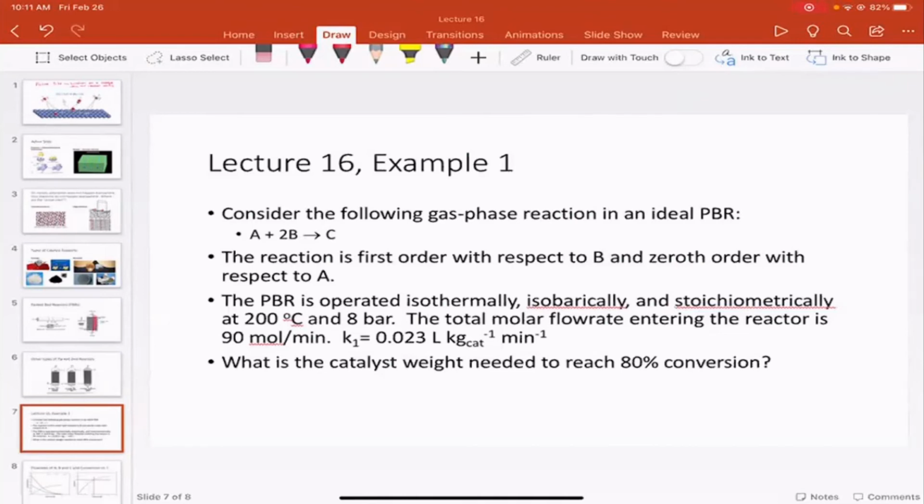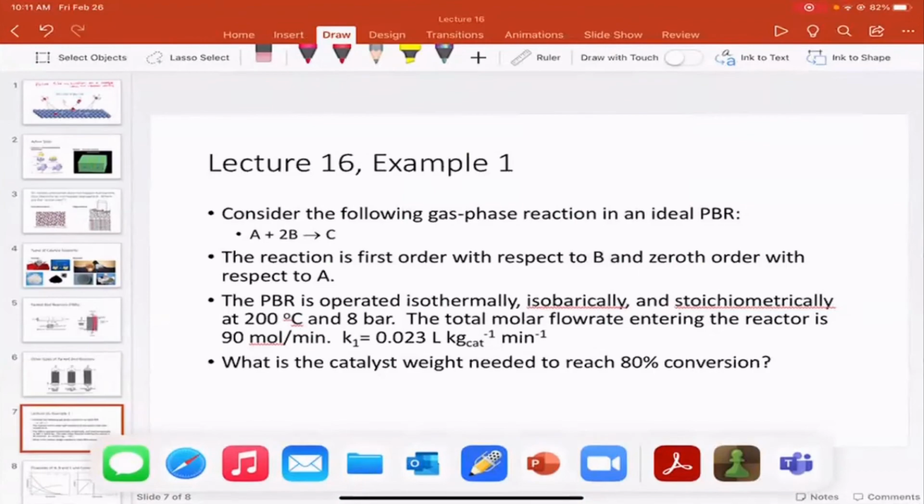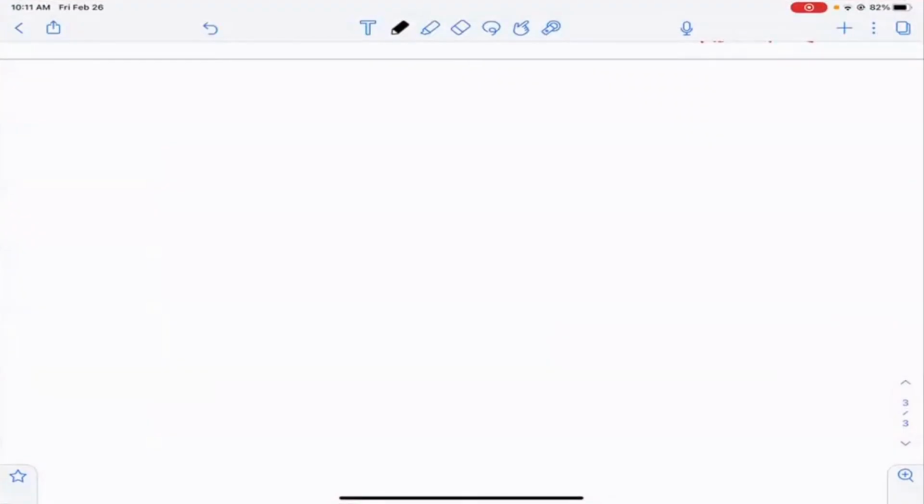All right. So in our example here, we have A plus 2B goes to C. And the first thing I'm going to do in this problem is the first thing that we've done throughout the semester here, and that is determine the rate law.